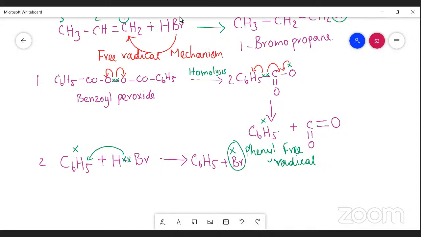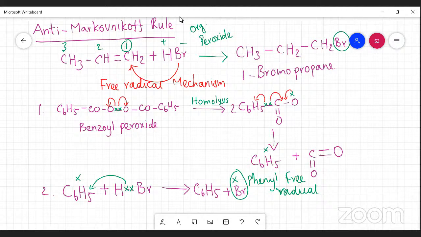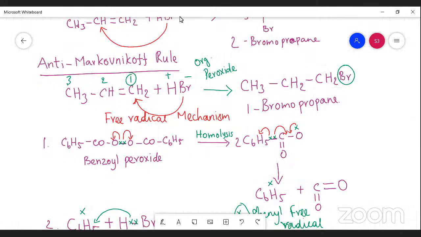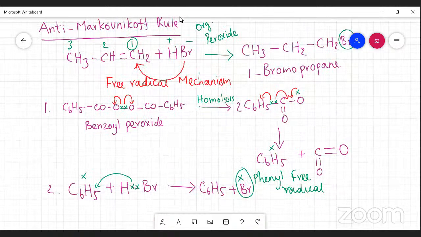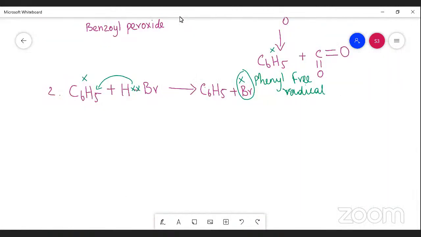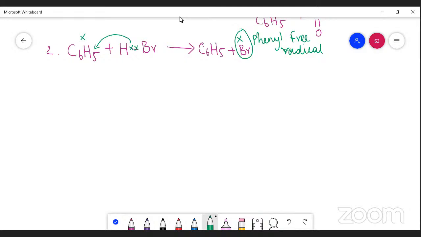So what is the anti-Markovnikov rule? Here the bromine free radical is going to attack the first carbon. Now we are taking propylene.